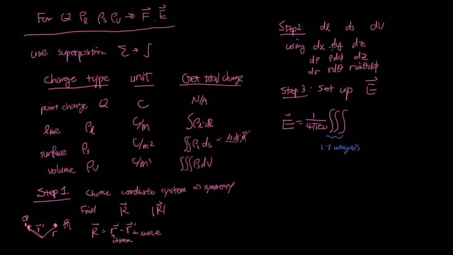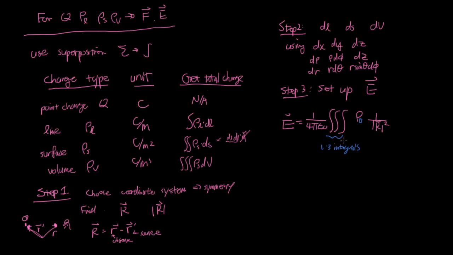If you're given a surface charge, a volume, or line charge, you're going to have anywhere between 1 and 3 integrals. And then you're going to have your rho, and I'm just going to leave this blank. You know, this could be rho L, rho S, or rho V. And then 1 over r squared, so r magnitude squared.